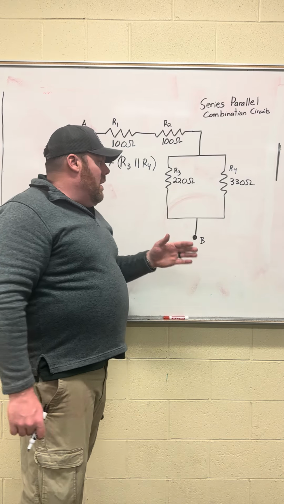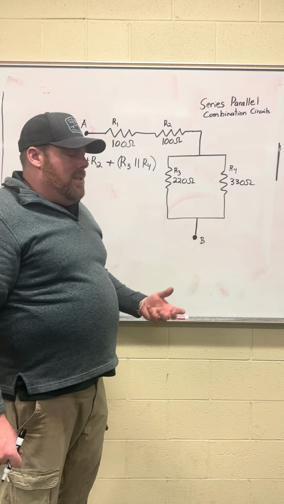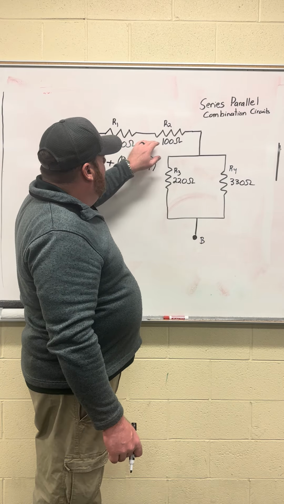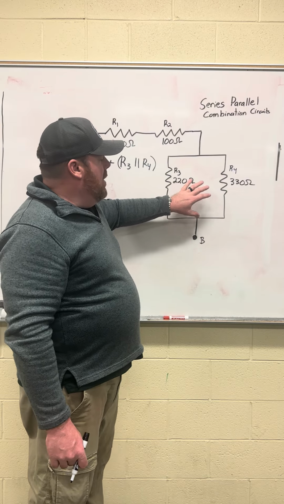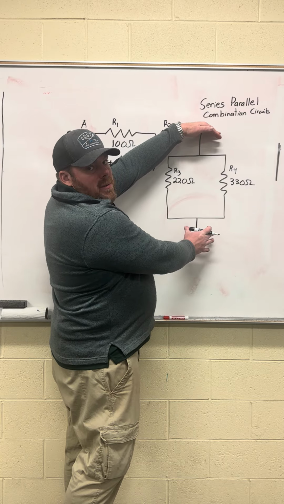Now that we have this, we're going to break it down and see what the total resistance is going to be. The first thing we're going to start with is right here. I can't do the series first because I have multiple combinations, but these two are in parallel if I look at them by themselves.